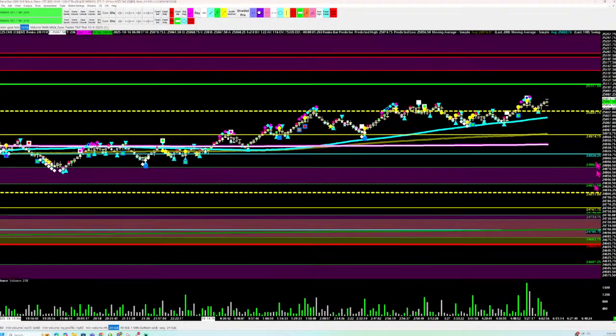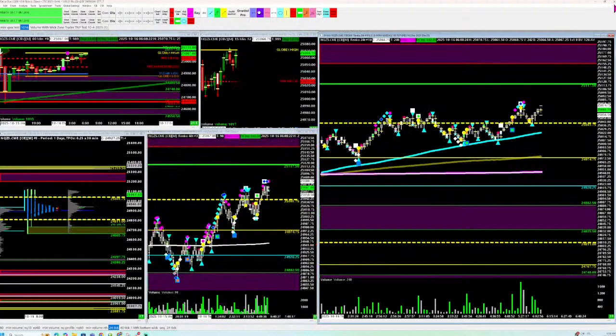Oh, I know what I have. Why do I have these yellow lines? Where are they coming from? Where are the yellow lines coming from?